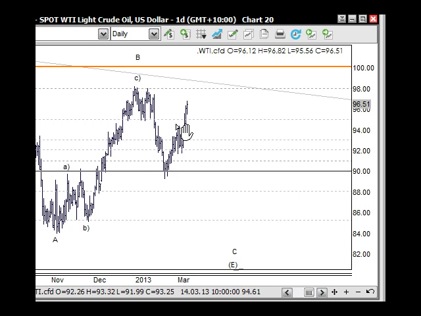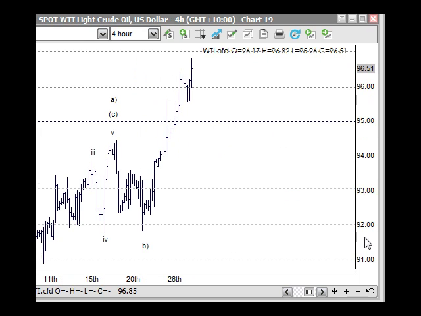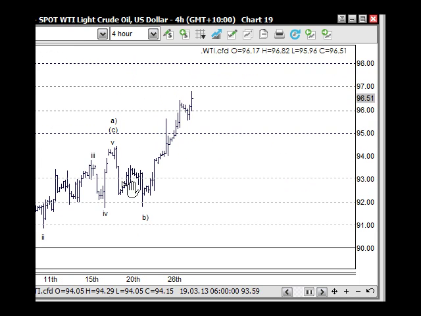But this move up through, let's just bring it in here a little bit so we know where we are. So we were looking for 5 waves up through here, and those 5 waves are in here. We're looking for 5 waves up through here and looking at 96.50 as the resistance through there. So let's just allow that to play out there.